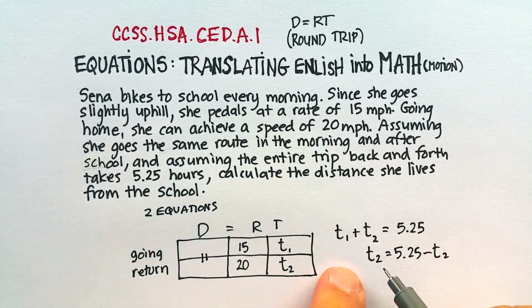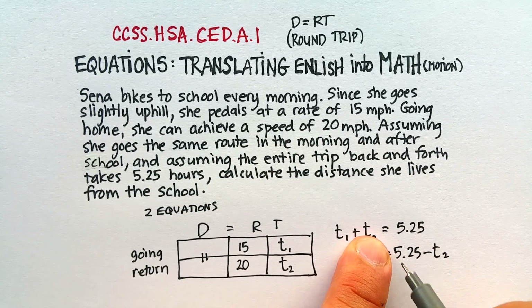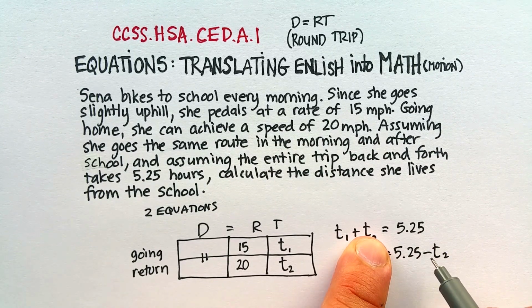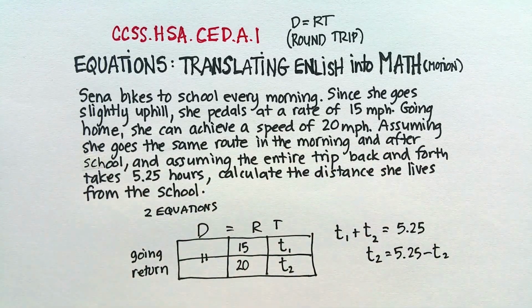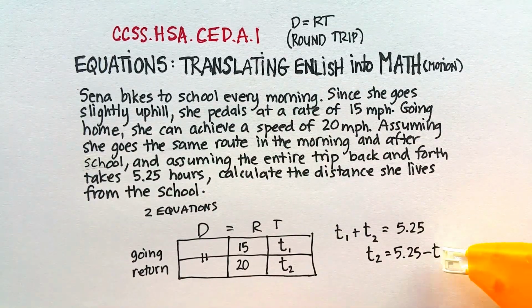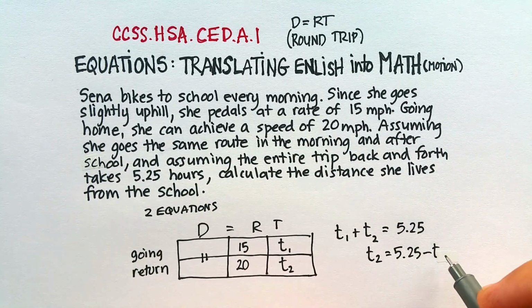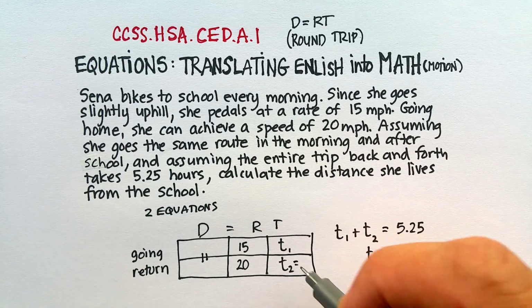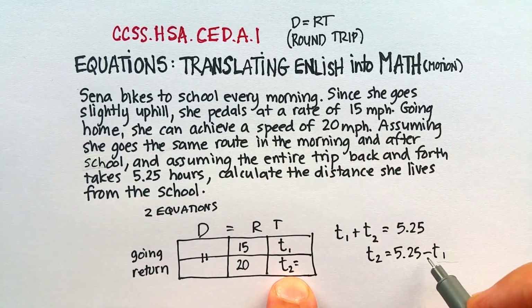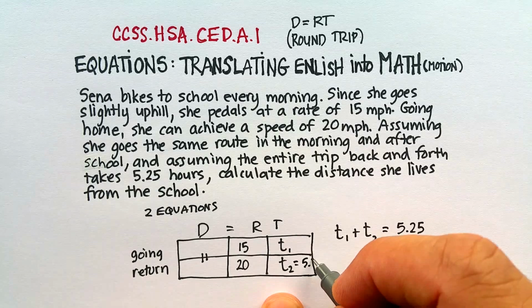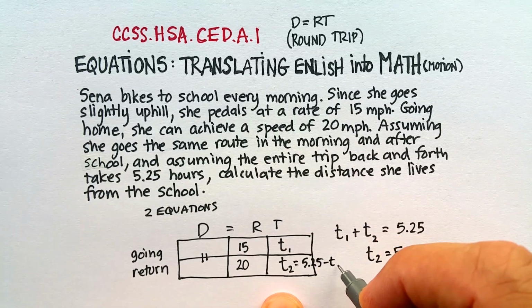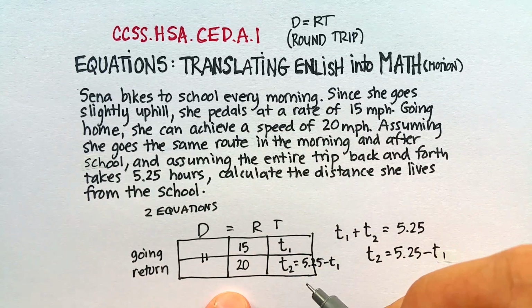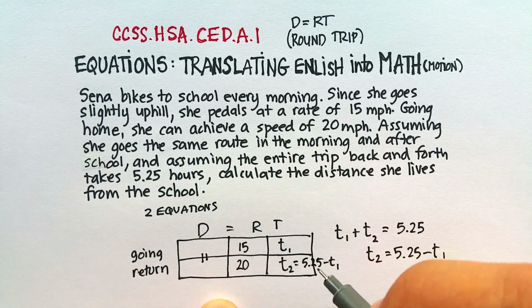That way, wherever we see T sub 2, we can just substitute in 5.25 minus T sub 1. That way we'll only have one variable, okay? So let's put in 5.25 minus T sub 1. All right. So now we only have one variable in this equation.